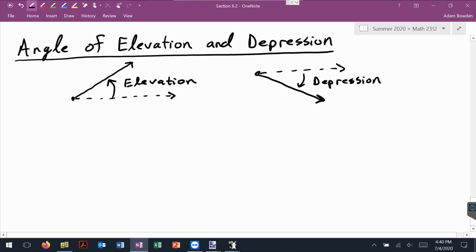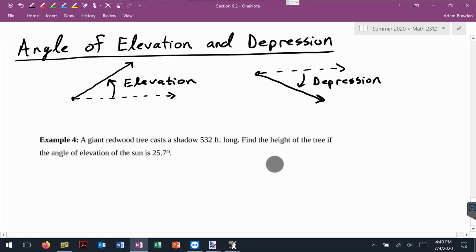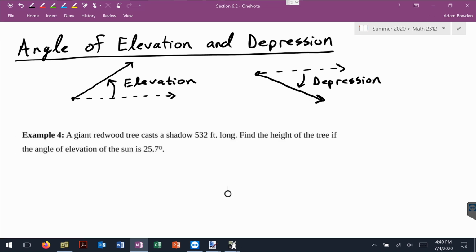And so we're going to look at some examples here, starting off with example 4. It says a giant redwood tree cast a 532-foot long shadow. Find the height of the tree if the angle of elevation to the sun is 25.7 degrees. Okay, so let's construct what's going on here. We're going to consider the ground as level in this particular situation.